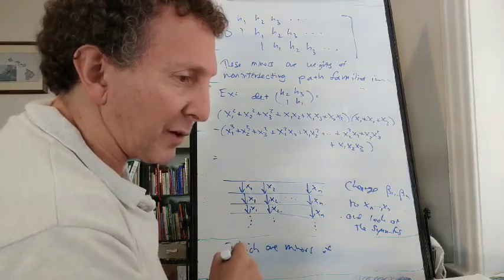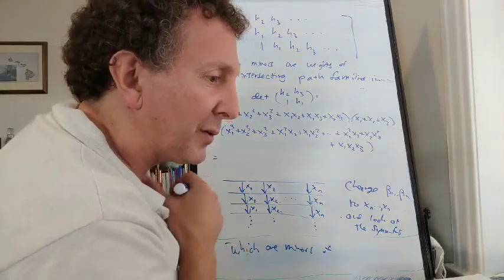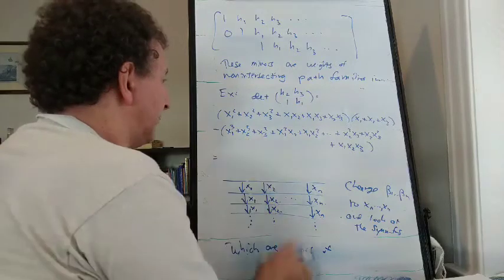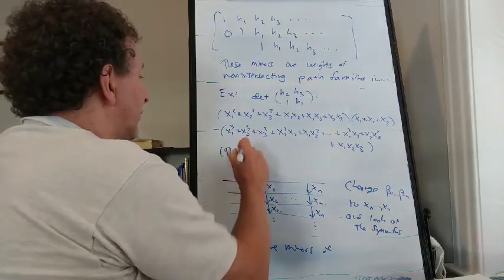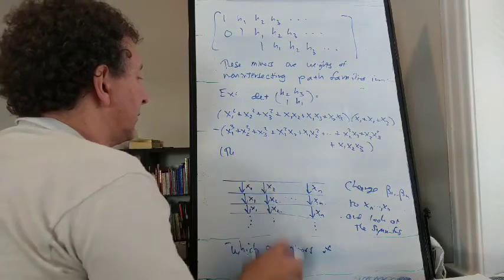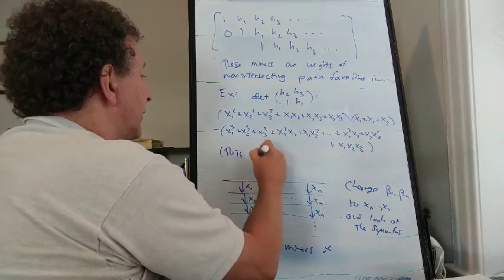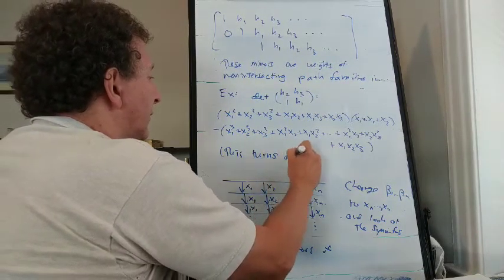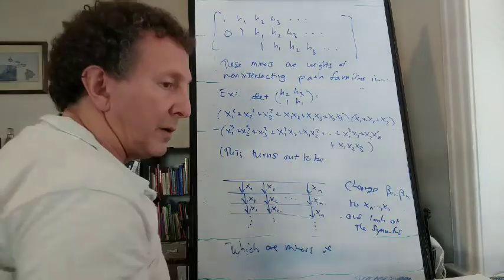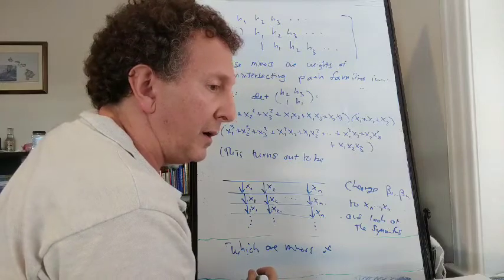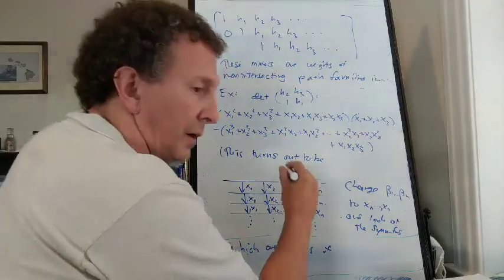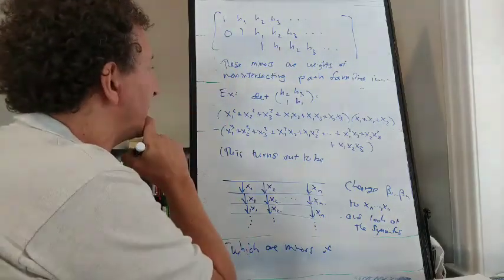Alright, so I did this on scrap paper, and I'm not going to bother doing the whole thing out. This turns out to be, well, actually I guess we can do it out.